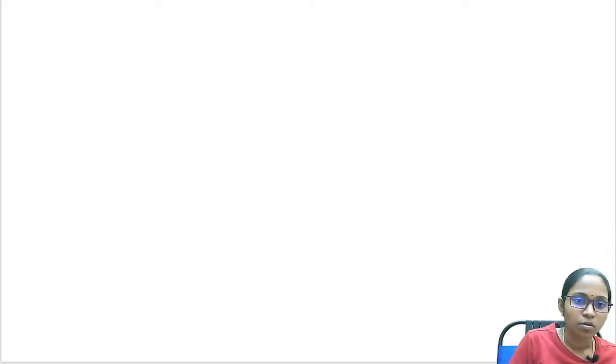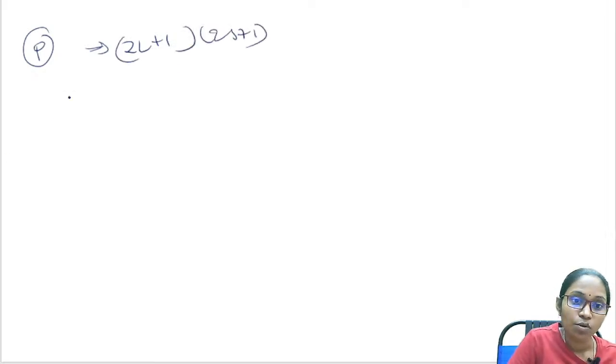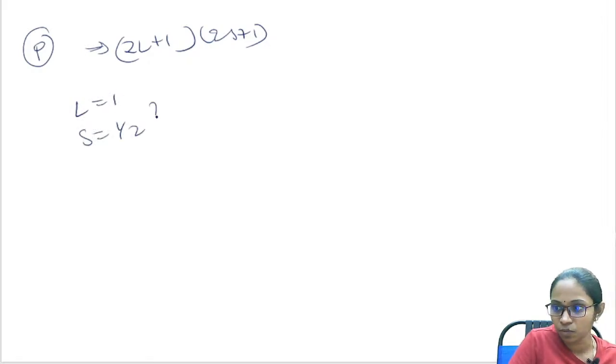Okay. So for p orbit, let us find the number of splittings: 2L plus 1 into 2S plus 1. For p orbit, L value is equal to 1, S value is equal to 1 by 2. So the number of splittings will be 2 into 1 plus 1 is 3, into 2 into 1 by 2 plus 1 is 2.